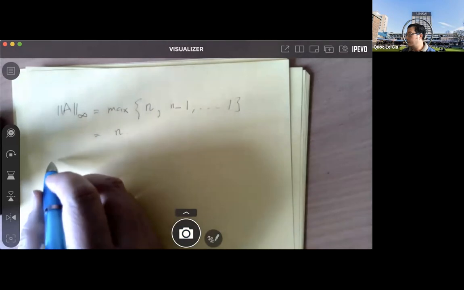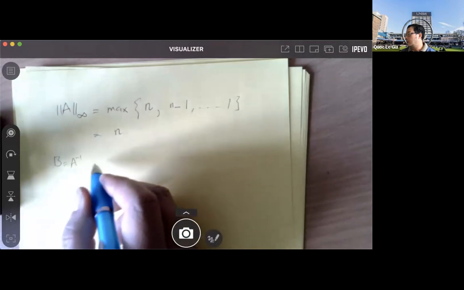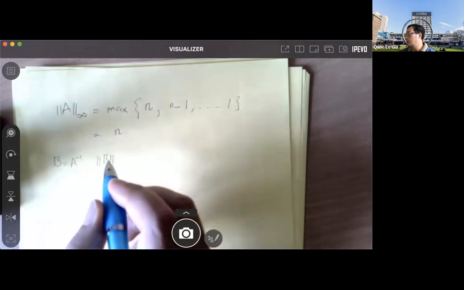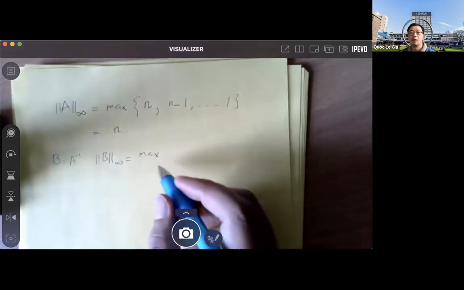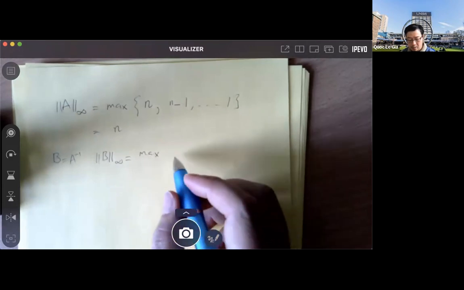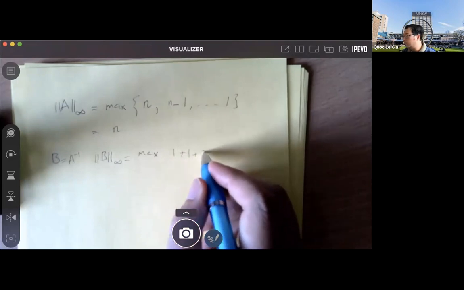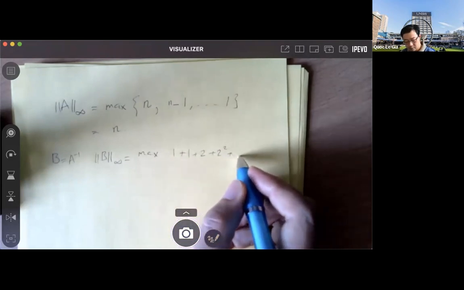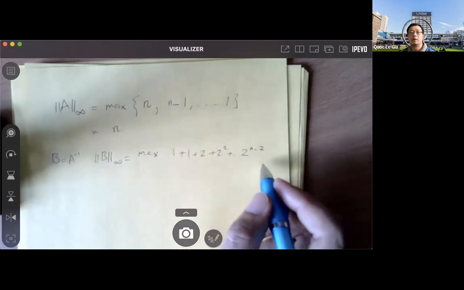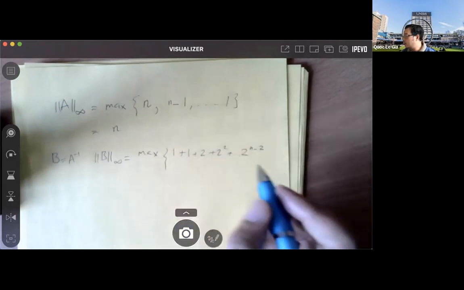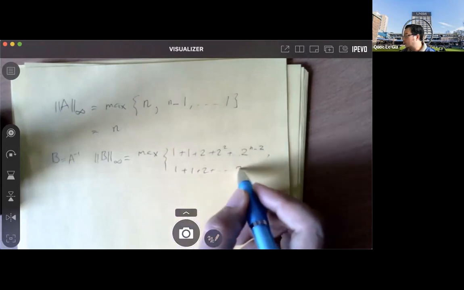Okay, and for the inverse, B is just A inverse. Then the infinity norm of B is just the max over the rows. So you got 1 plus 1 plus 2 plus 2 squared plus up to 2 to the n minus 2, right? And then the second one is just 1 plus 1 plus 2 plus up to 2 to the n minus 3.